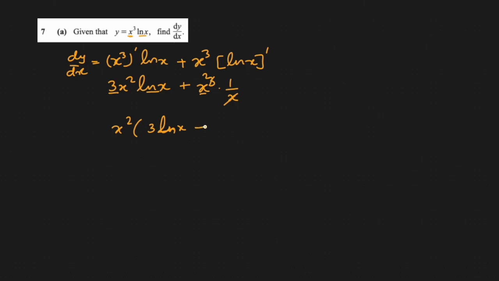And this is x square, so plus 1. That's it. This is the differentiation. If you want, you can make this 3 as the exponent of x cube, but you can leave it like this also.